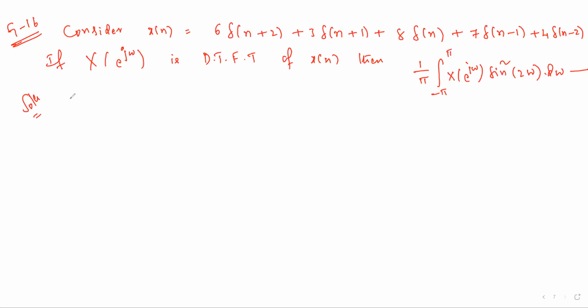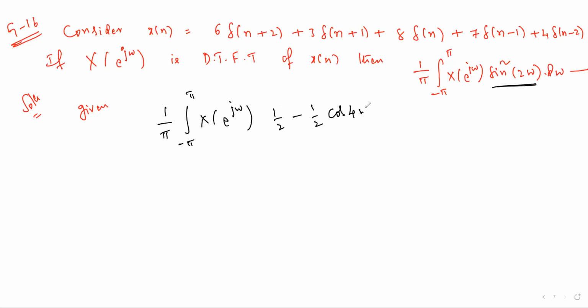So the given expression is one by pi integral from minus pi to pi of x of e power j omega times sine square theta. We can write sine square theta as 1 minus cos 2 theta by 2, right? This is the expression.